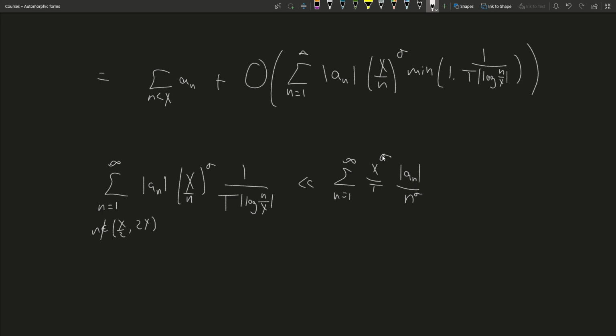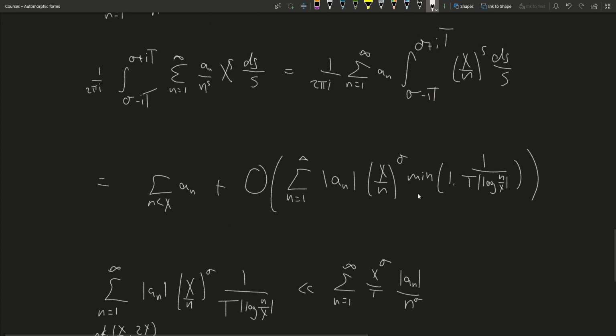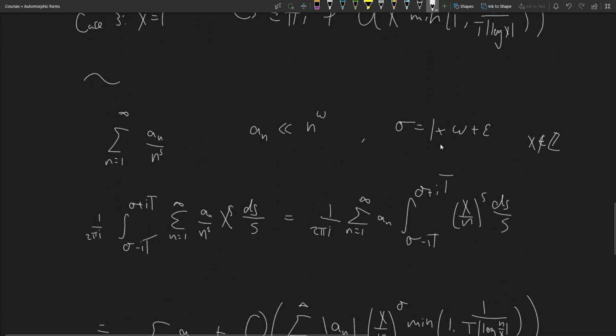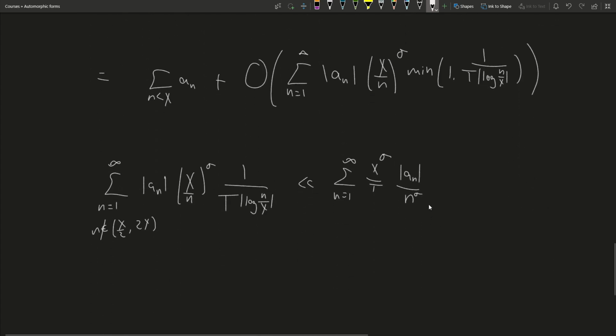This part doesn't depend on n. This is essentially a value of the Dirichlet series, and remember we've assumed that sigma is at least 1 plus omega. So this sum here converges absolutely. Okay, cool. So this part was easy to deal with.